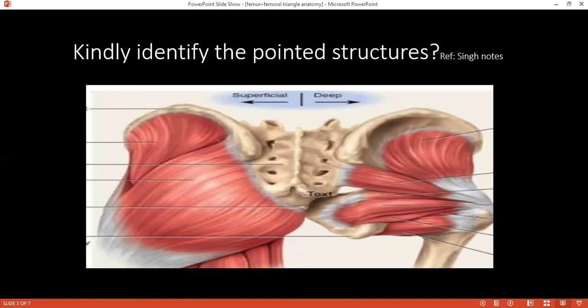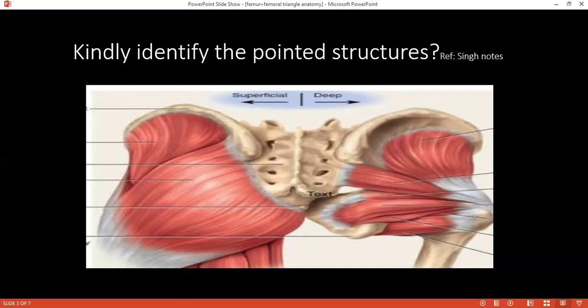Very good. Can you please identify this muscle with the arrow? Gluteus maximus. Can you please tell me the origin, insertion, and nerve supply of this muscle? Gluteus maximus arises from three regions: posterior to the posterior gluteal line of the ilium bone, then from the coccyx and the sacrum, and third from the sacrotuberous ligament.